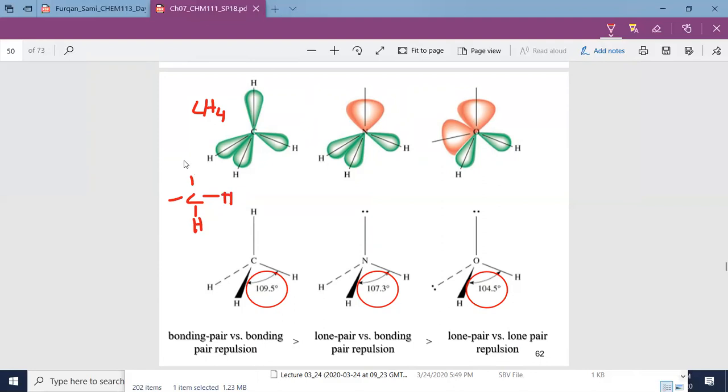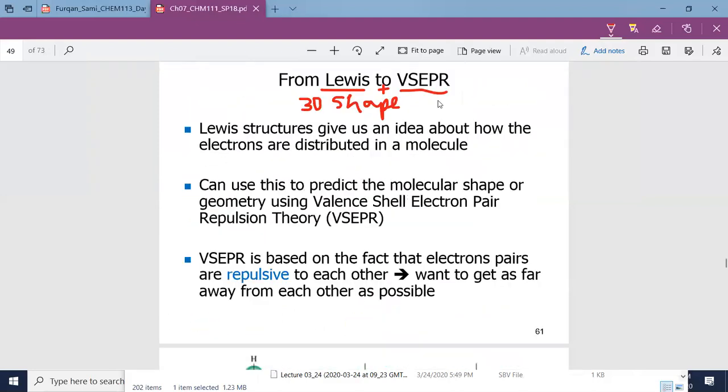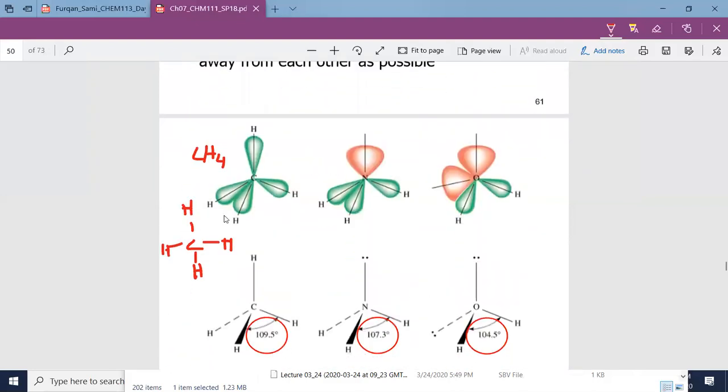It's not the true shape because of the VSEPR theory that we were discussing here. We now know what the Lewis structure of CH4 is going to be, but this is not a flat structure on just one plane.